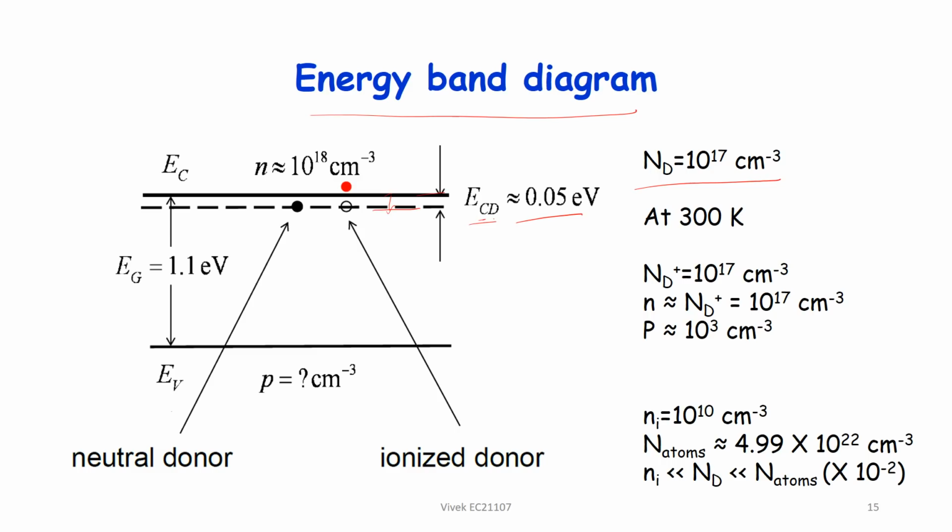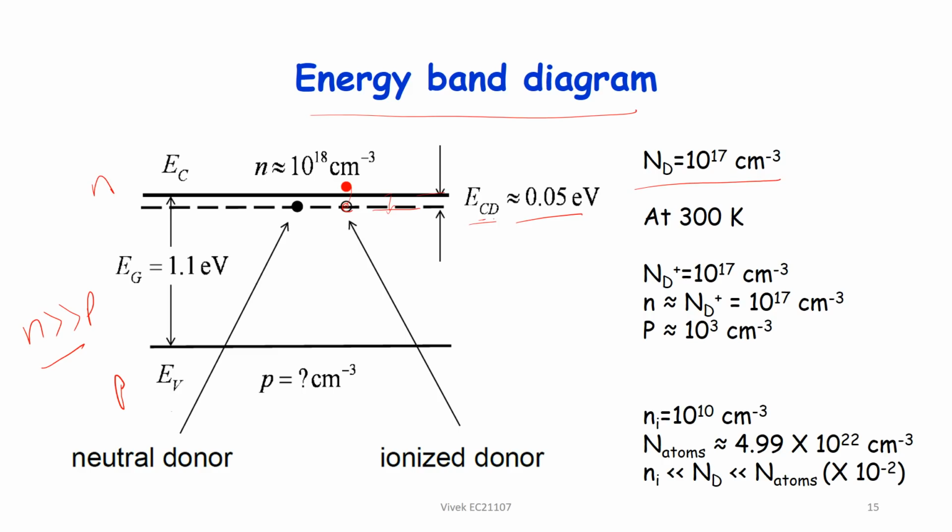So at room temperature they can easily give away the electron from this defect level to the conduction band because it's very near. That means the number of electrons will be much more than the number of holes, right? Because there is a source of electrons here in the form of this defect level.